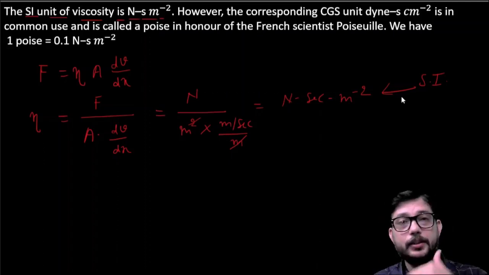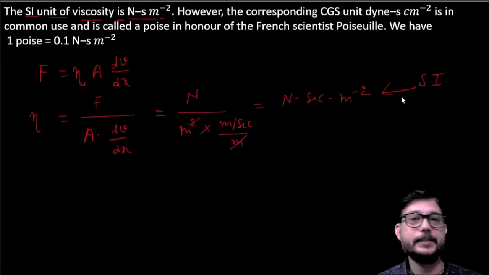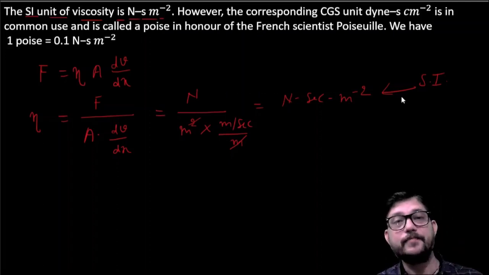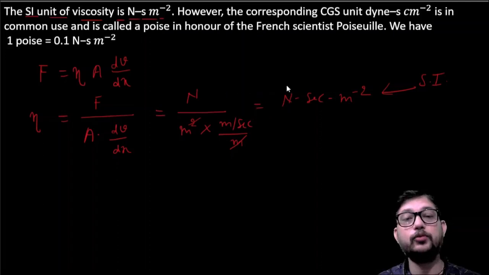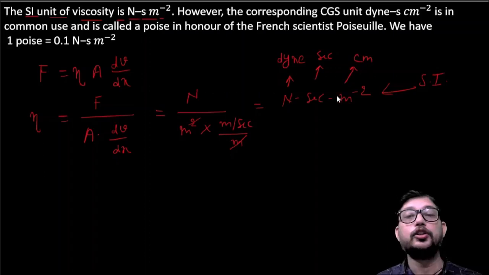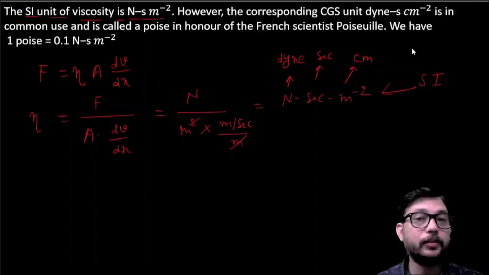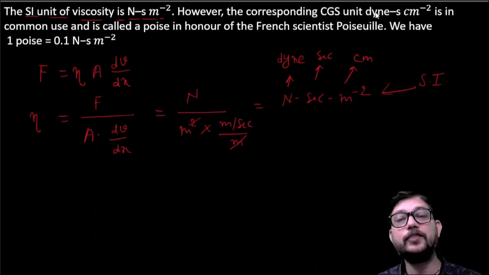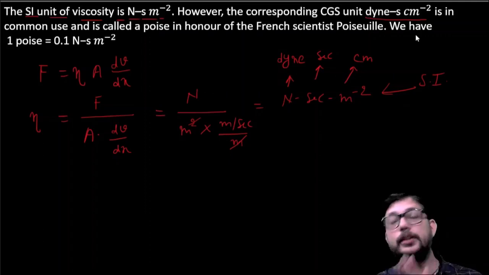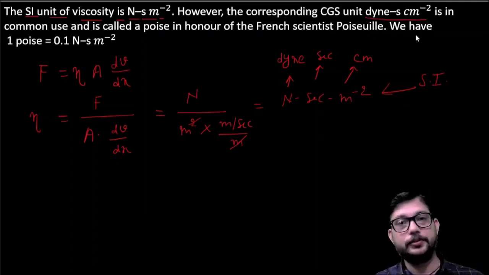Now if we convert that SI system into the CGS system, then in place of Newton we write dyne, second stays second, and in place of meter it will be centimeter. So the unit in the CGS system will be dyne second centimeter inverse 2.